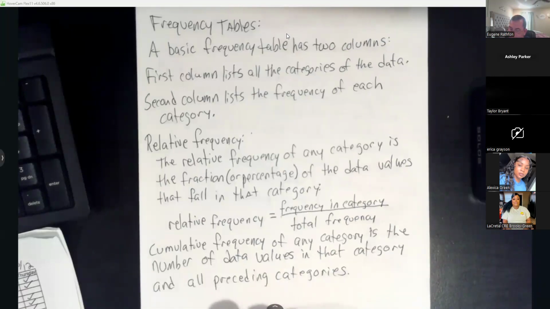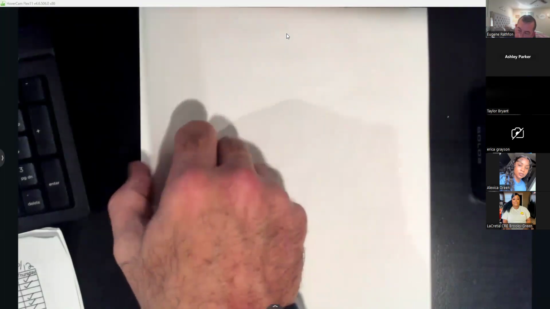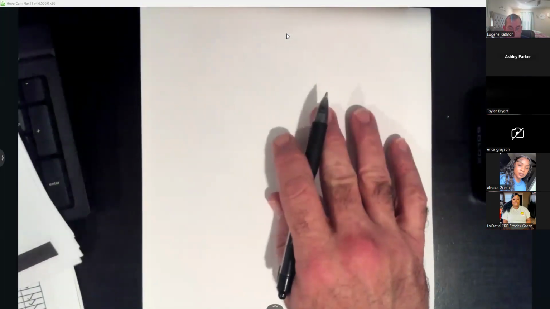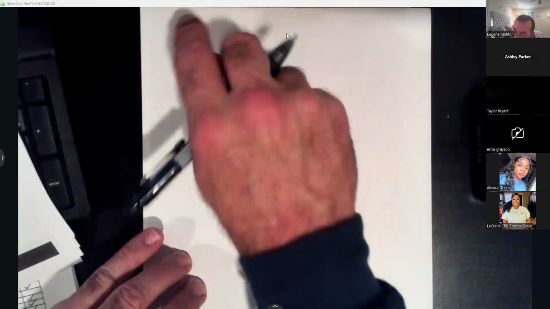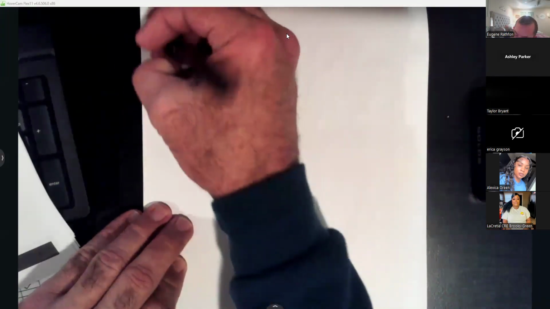All right, y'all. So for this example, I'm going to look at some test scores we're going to write down. So there's 20 test scores we're writing down.